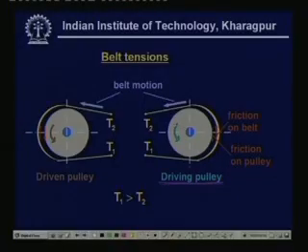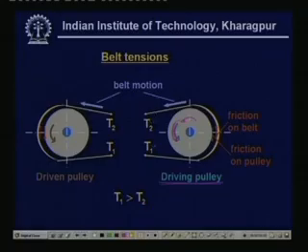That means this pulley is attached to a prime mover or some machine which is giving motion to this pulley, some motor or some IC engine or something like that, which is giving power to this particular pulley, and the belt has got tensions, namely T1 and the other one is T2.